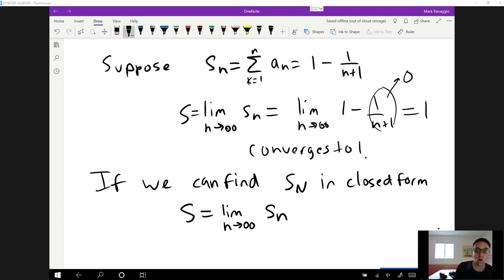Unfortunately, it's not always going to be possible to find a nice formula for the partial sums. Next class, we will look at a couple of cases where it is possible, but most of the time we'll see that it isn't, which means we're going to need to be able to tell whether a series converges or not based on some other test.